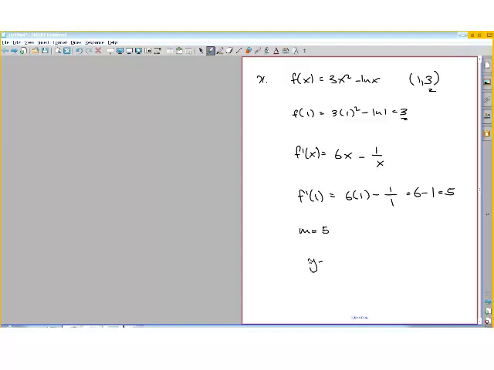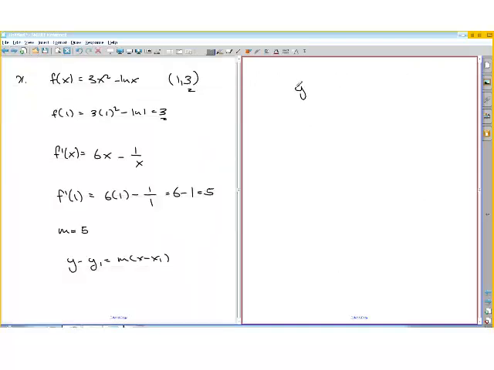And remember, the point slope says y minus y1 is equal to m times x minus x1. So in our case, y1 is just this number, 3. Our slope is 5. X is the variable. X1 is 1. So we just plug them in.